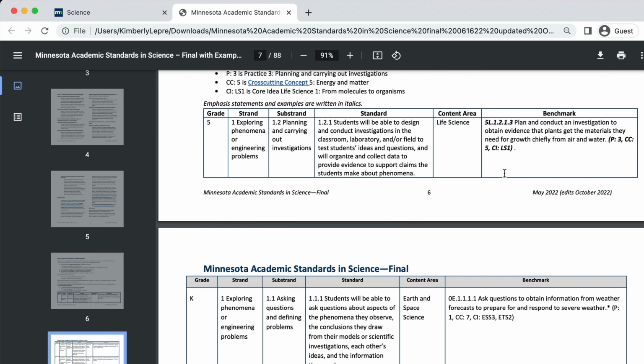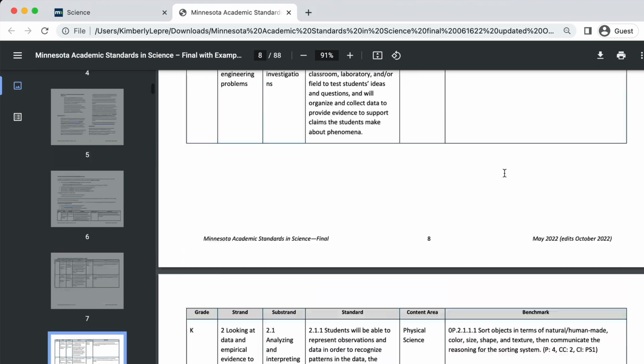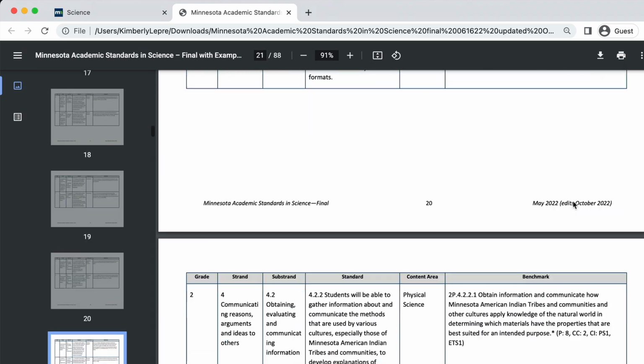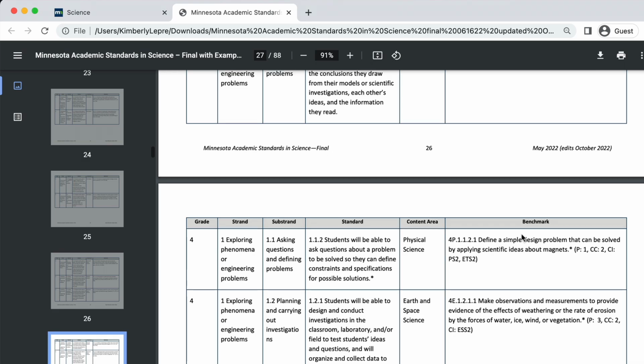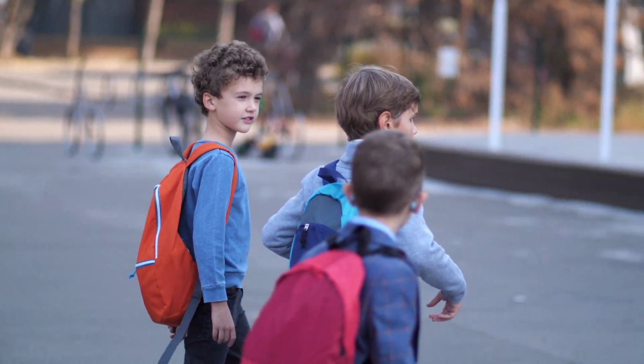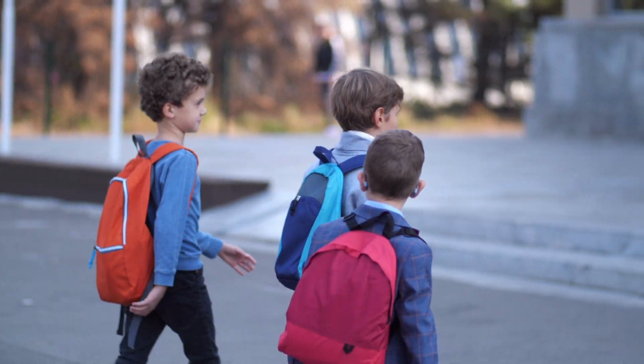Now, you can do a couple of things as you're looking through these standards. You can just look at your grade in isolation, which is totally fine to start out. I could scroll down here to 4th grade, and I can see what the benchmarks are. You can also do what we call vertical aligning, where I can look at that particular benchmark in 3rd grade, see what they learned in 3rd grade, and compare it to what they should know at the end of 4th grade.